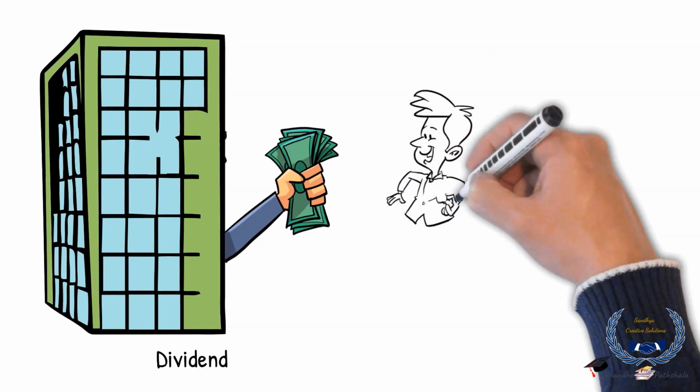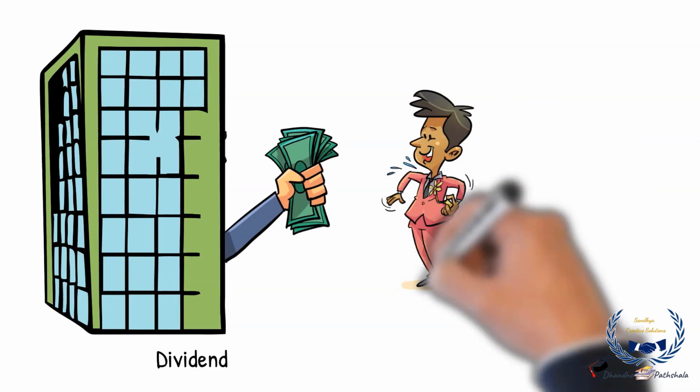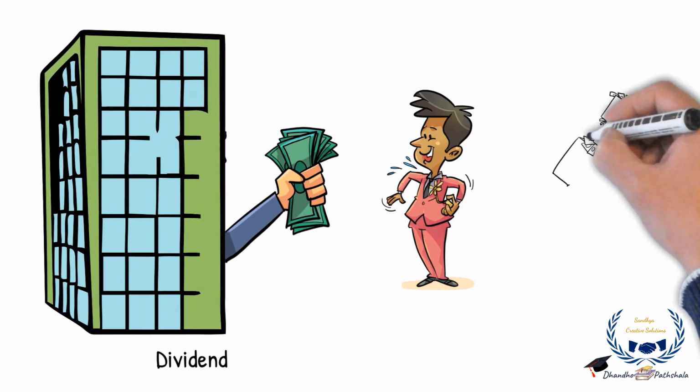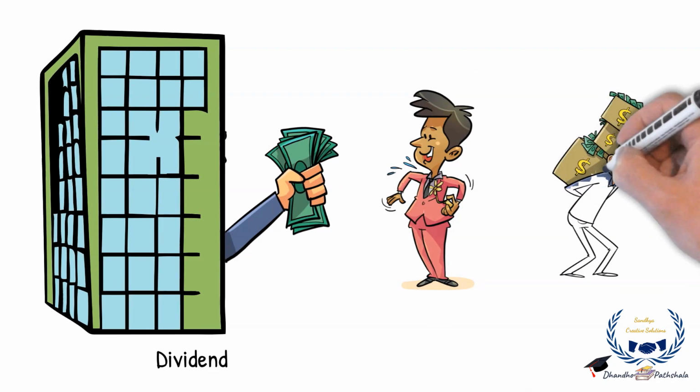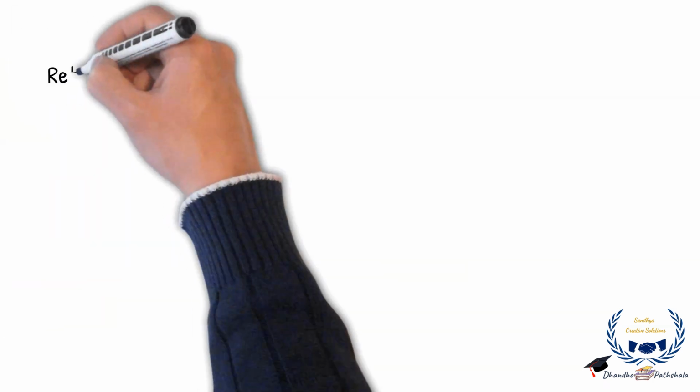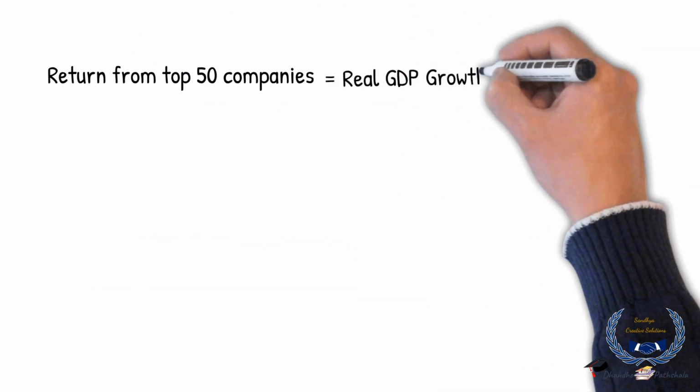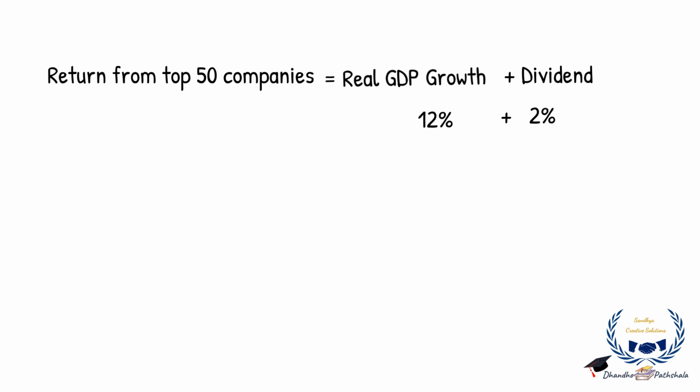Also, we didn't consider the dividend company pays to investors. Dividend is the part of the profit company pays to its shareholders. Dividend increases the return by an additional 1 to 2%. These days, even when the economy is slowing down, still we can expect a return of 13 to 15% by simply investing in top 50 companies.